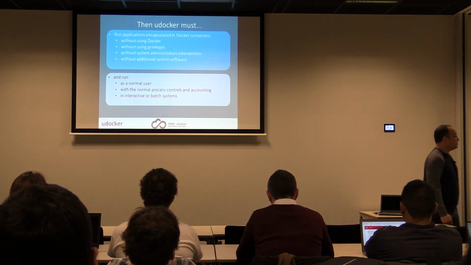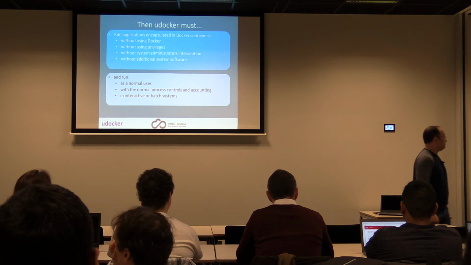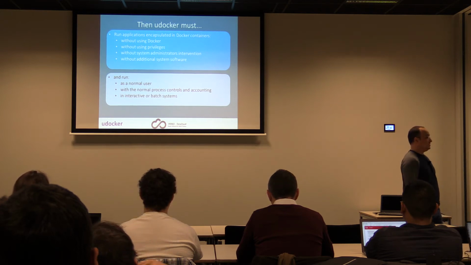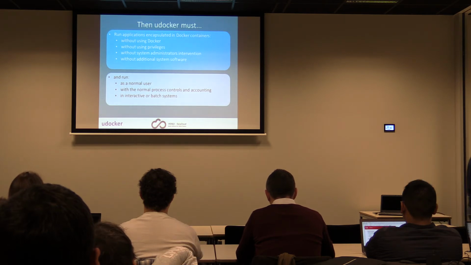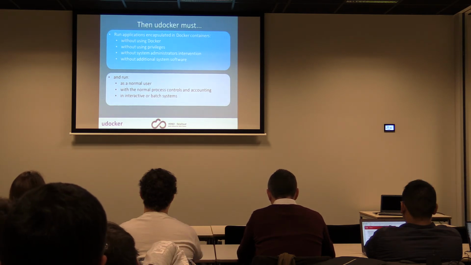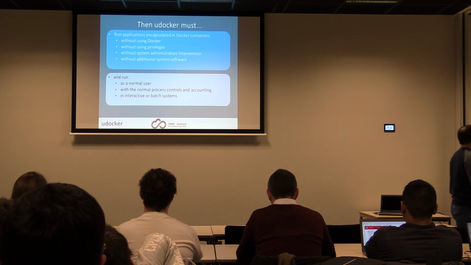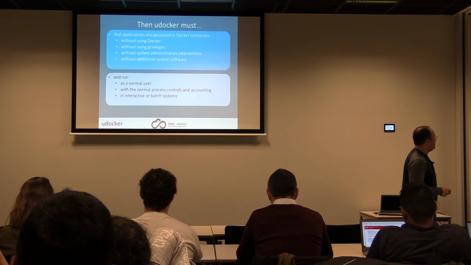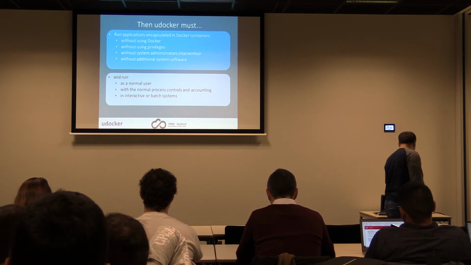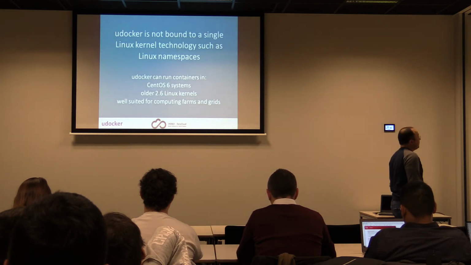So a user will be able to run a container without the sysadmin knowing about that. I'm not sure if you like that. Yeah, still having process controls and accounting, and it will run on interactive and batch systems.